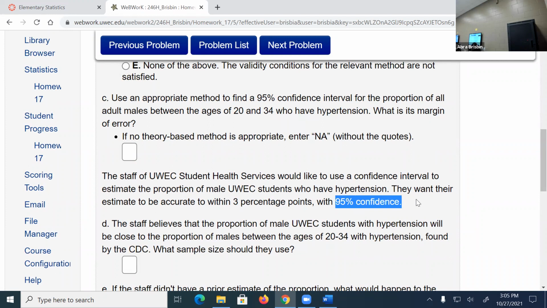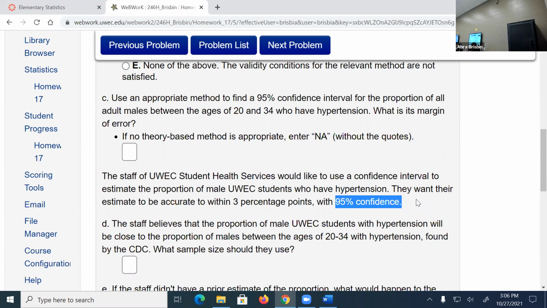We want 95% of the data in the middle. So a total of 5% in the 2 tails. So 2.5%, or 0.025, in each of the 2 tails.